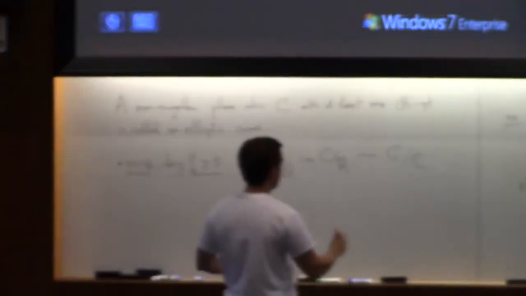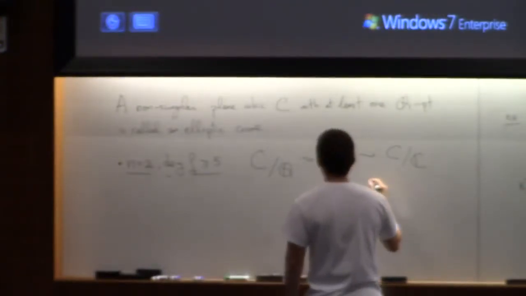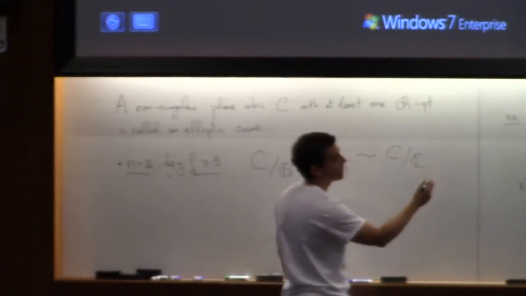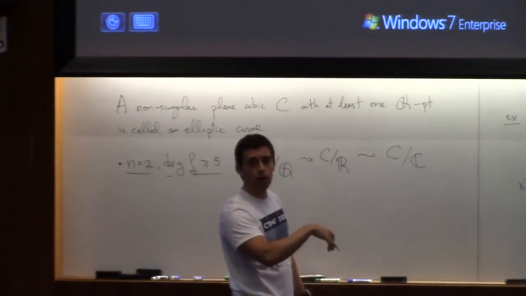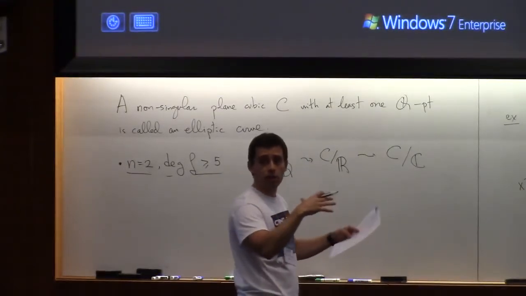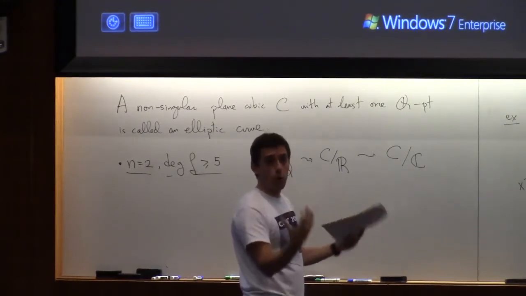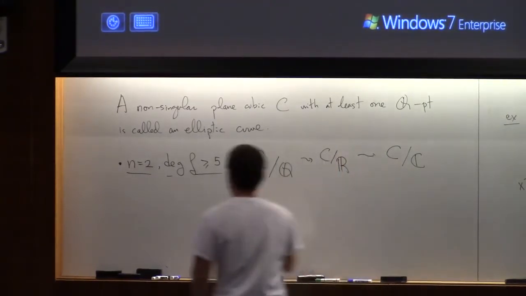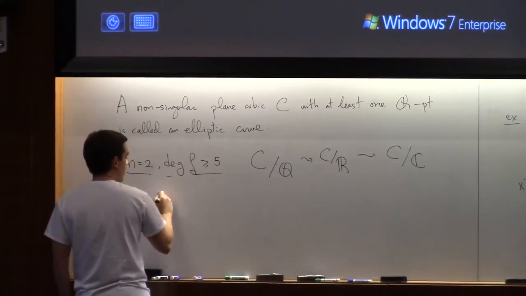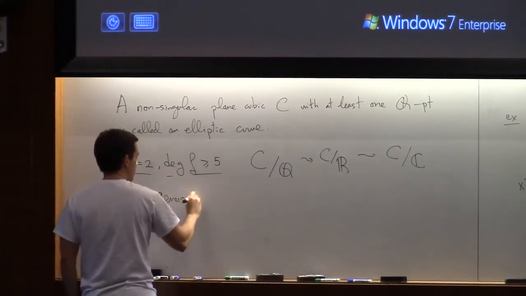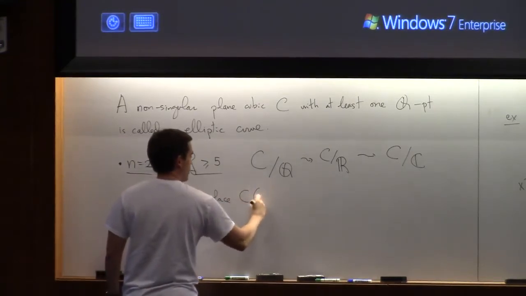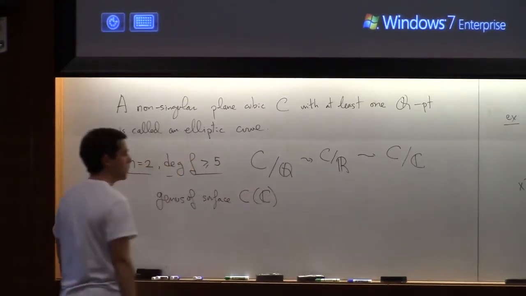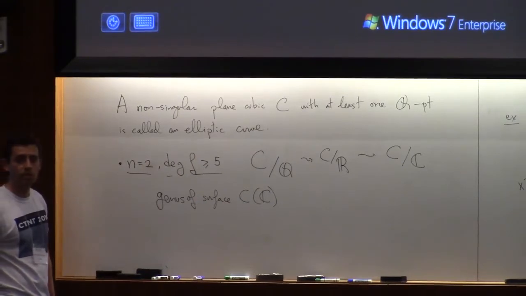compact surface. So it will give you, for instance, the cases of n equals 2 but degree 1 and 2. Those are actually Riemann surfaces with no holes. So what we need is the genus of the surface given by the complex points.